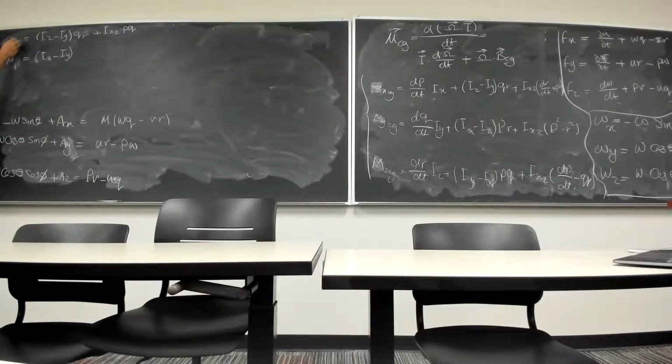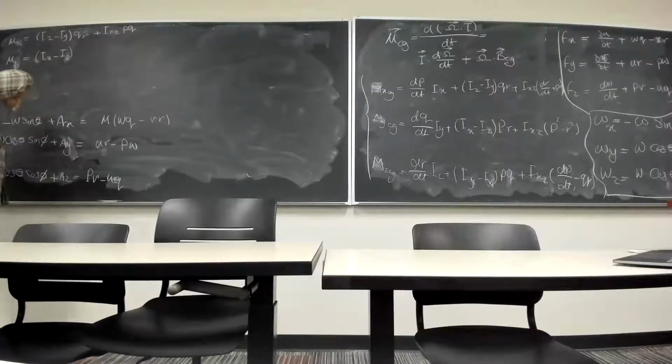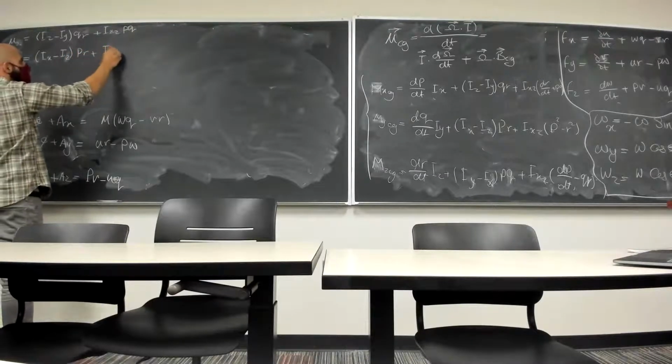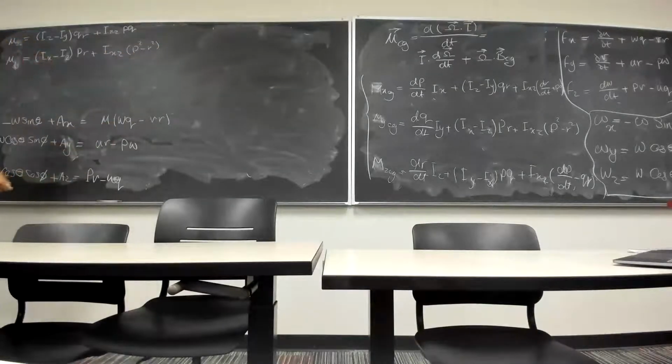So it is always M_cg x, M_cg y, always, right? It's the same thing. We are just simplifying these equations for a steady motion. Okay, so Ix minus Iz, PR plus Ixz (p squared minus r squared), right?